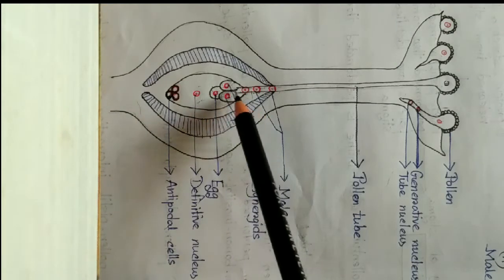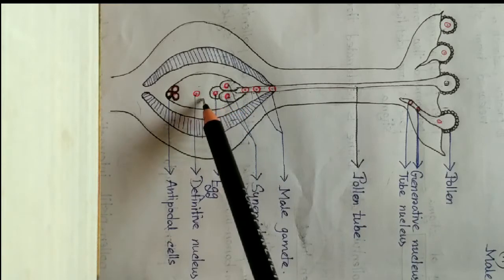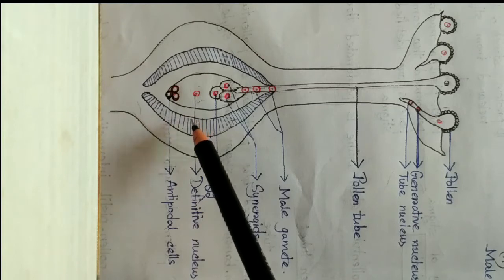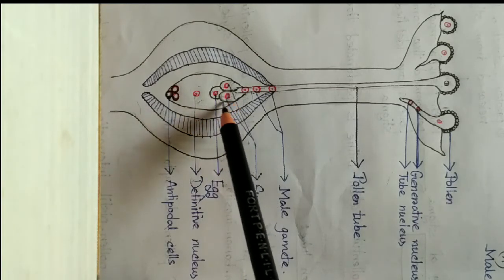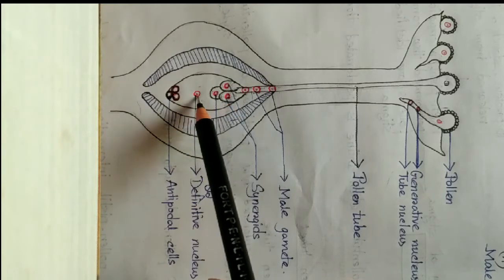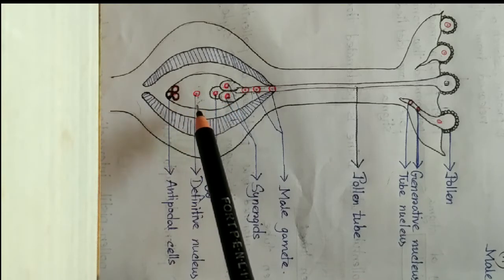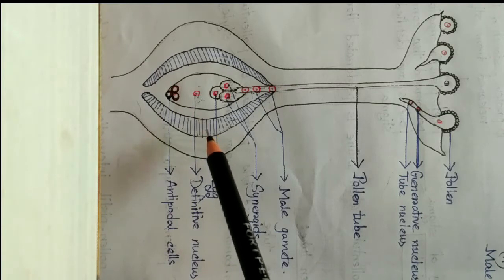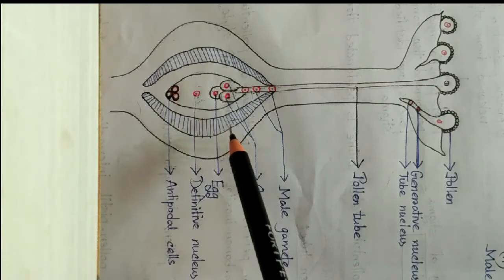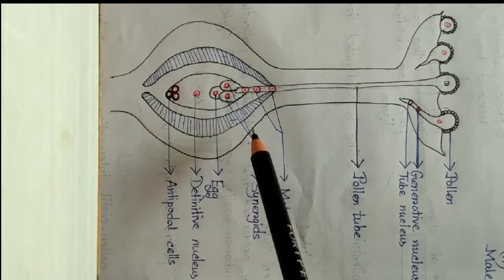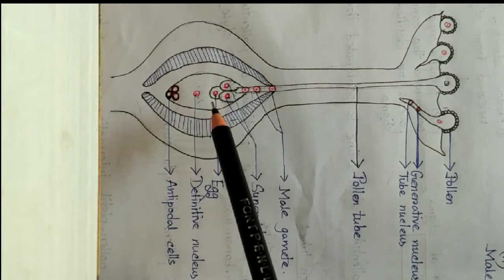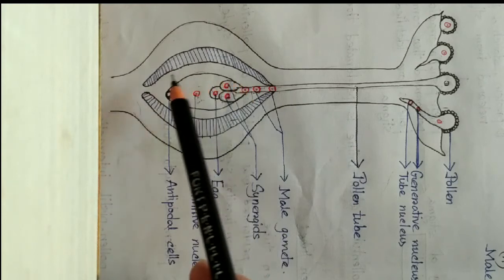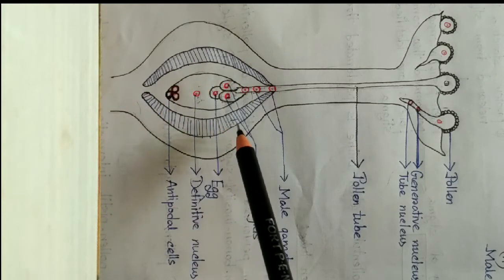But if the male gamete also fertilizes the definitive nucleus, then endosperm is formed, and here the number is n and this is 2n, so total 3n. So endosperm is always 3n in nature, triploid in nature. You have to remember that the definitive nucleus is 2n, diploid, and all others are n, haploid.